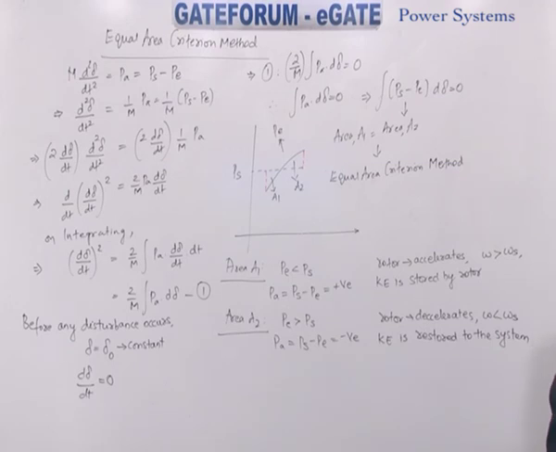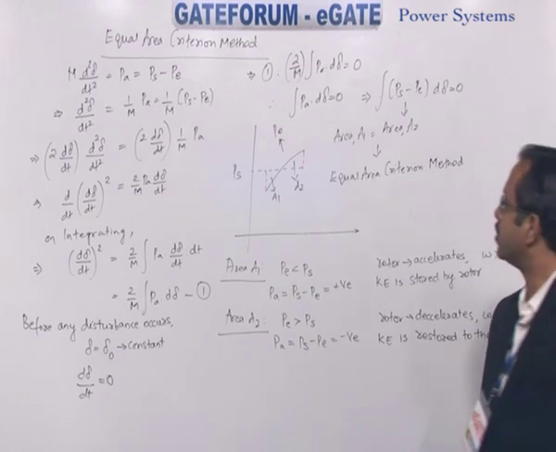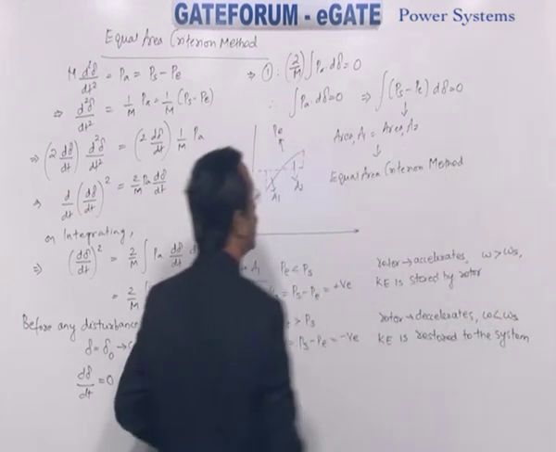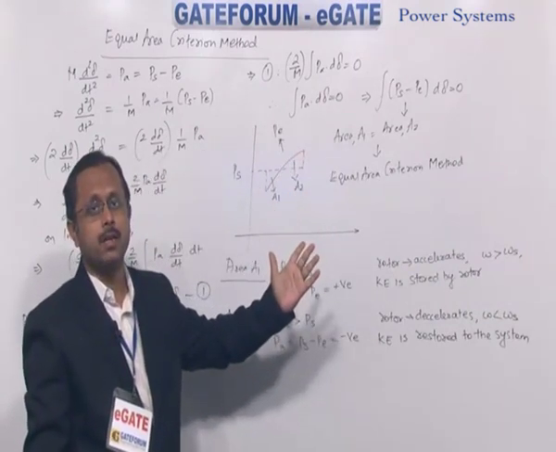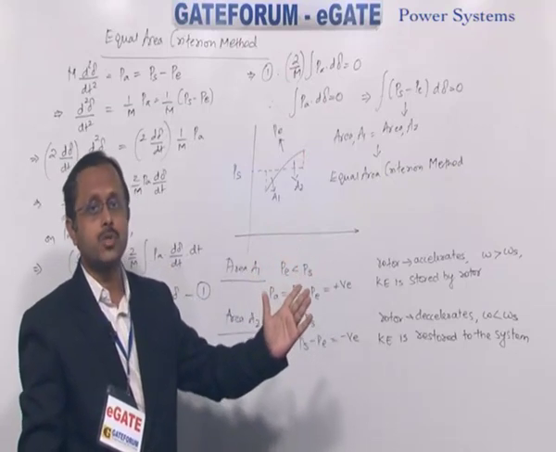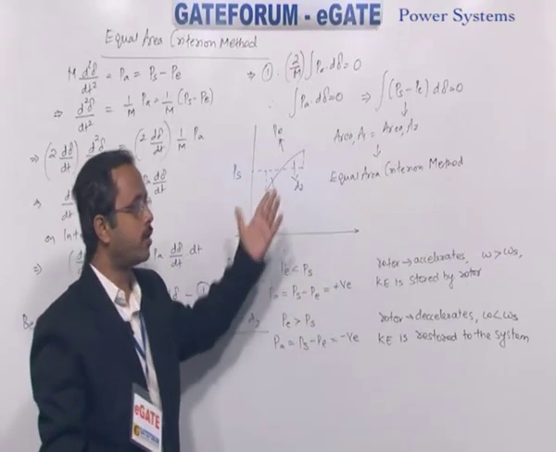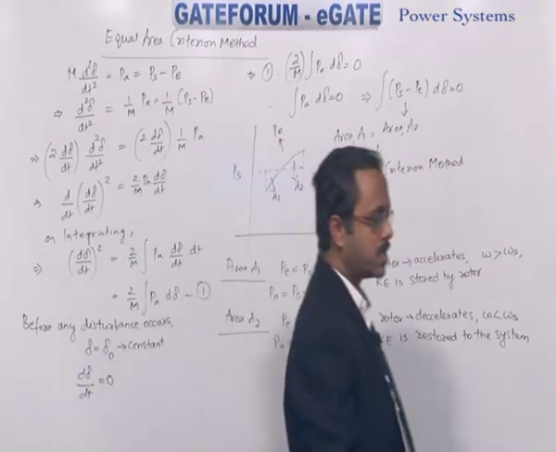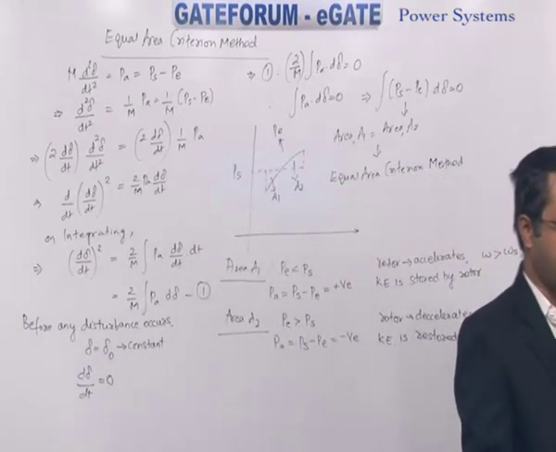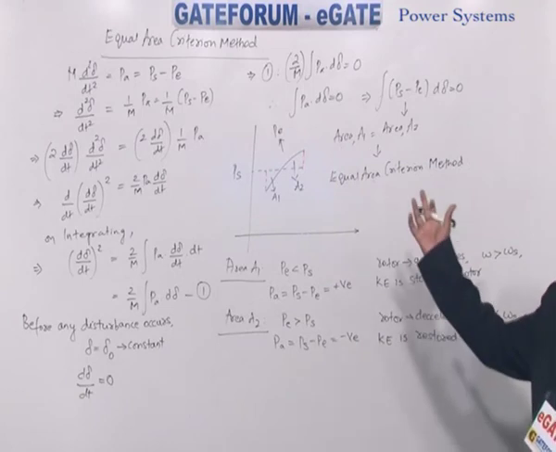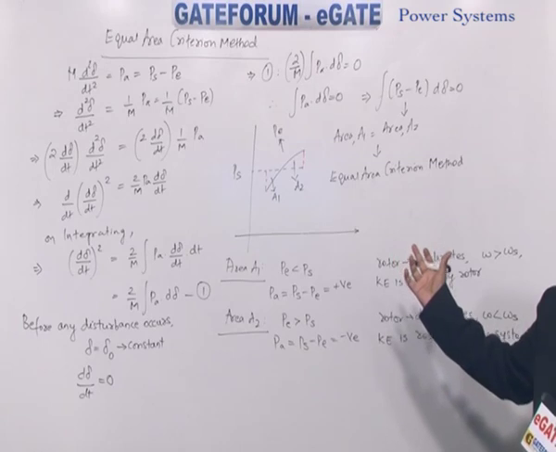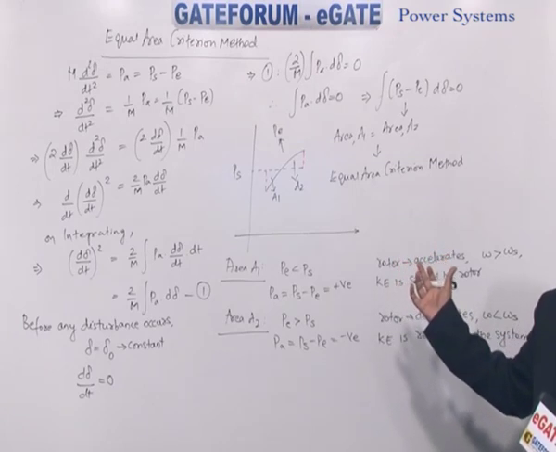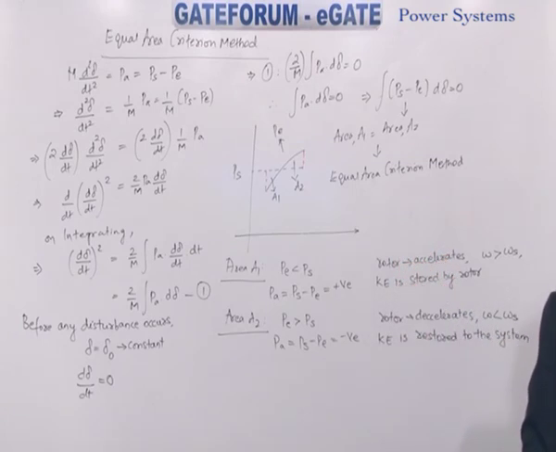Now we check what is the statement of equal area criterion method. You can observe here the net area enclosed by the synchronous machine between two successive swing points, that is during the first swing, is 0.